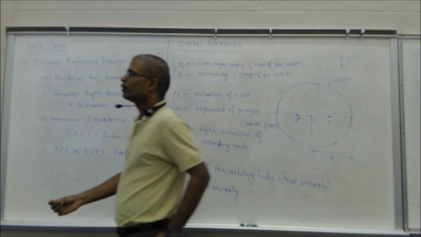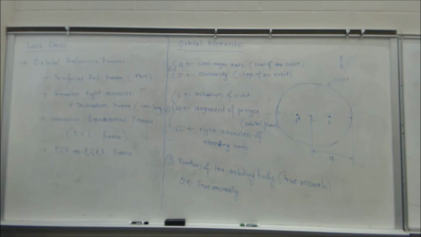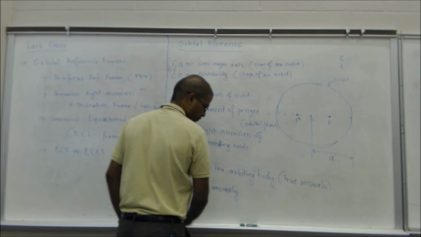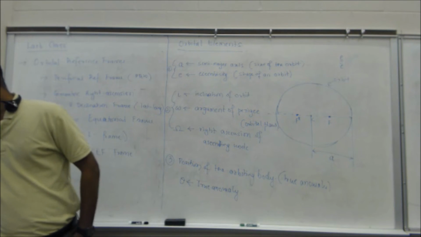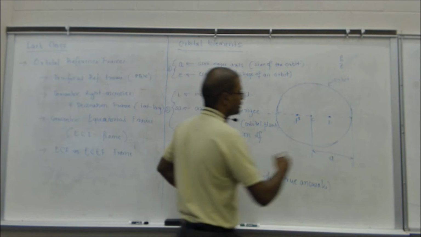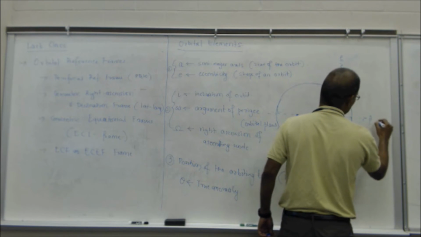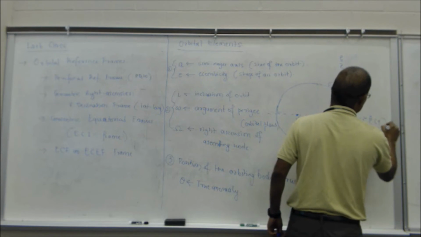Okay, and you can visualize angles. This is the angle capital omega. This is the small omega, the perigee direction. This is the PQW direction, right? We have always said this is the P direction, or the eccentricity vector.